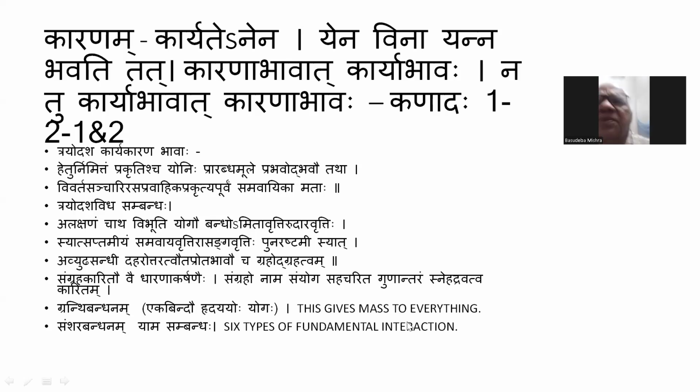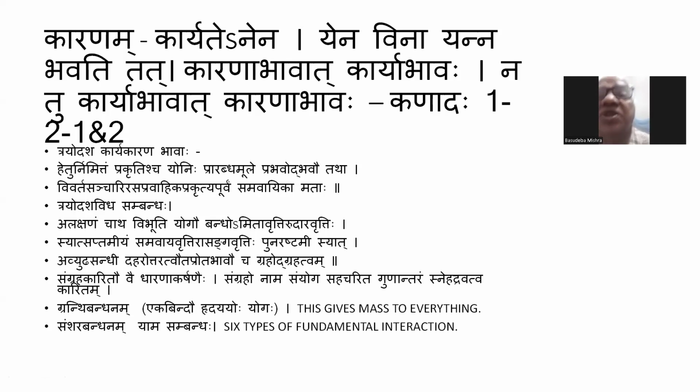Suppose something has 3 causes. One is called material cause, upadana karana. The other is called catalytic cause, which doesn't go into the object as it is, but without that, the action cannot take place. That is asamvai karanam. And there must be a doer, who will turn the cause into effect.